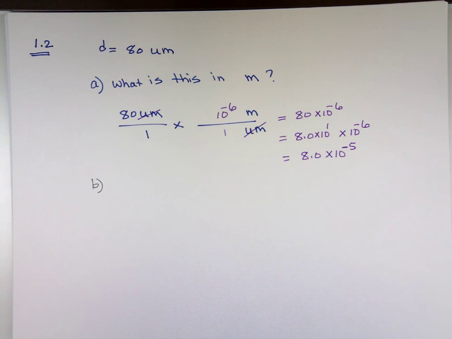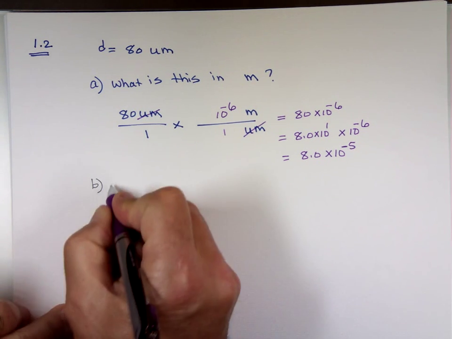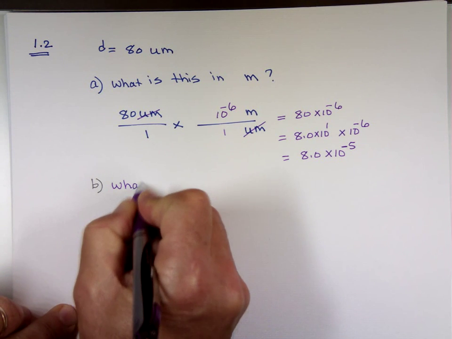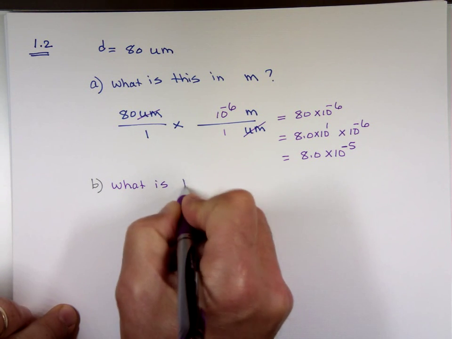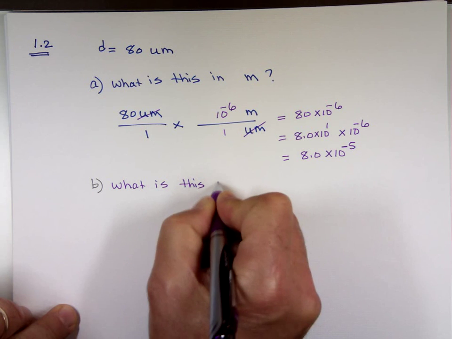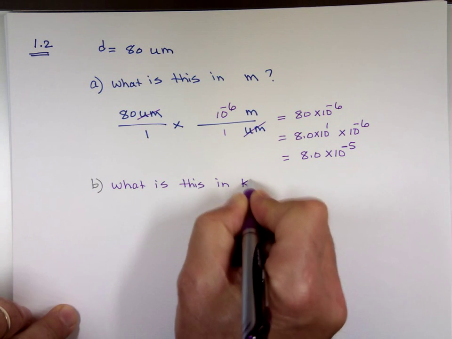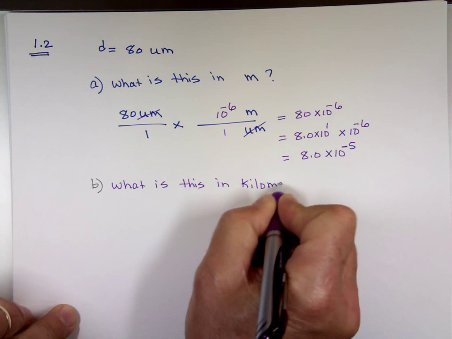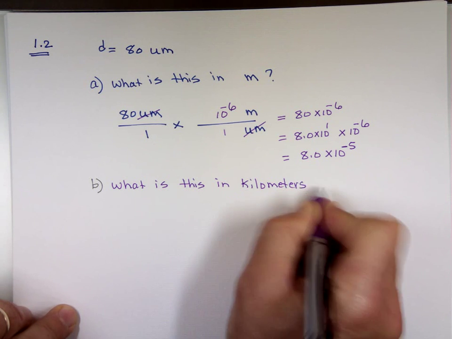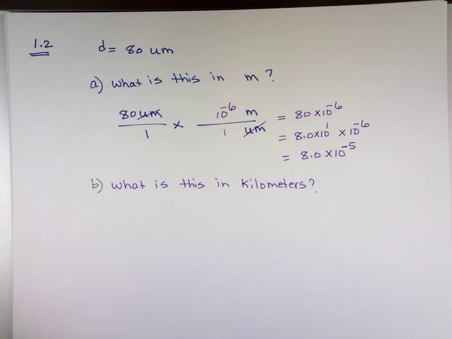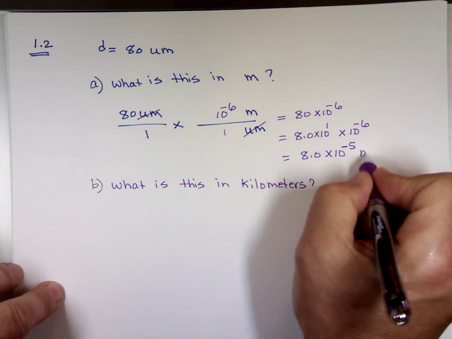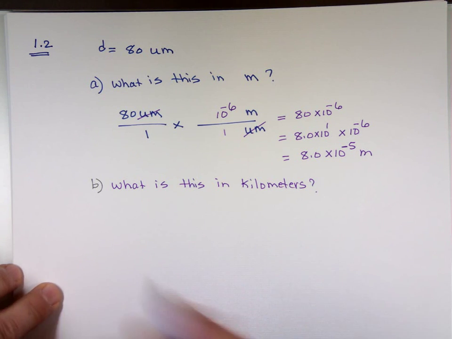Part B, it says, what is this in kilometers? Again, I know the answer in meters. I already got it. And I have a way to go from meters to kilometers.